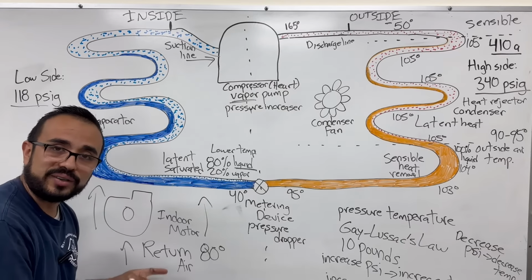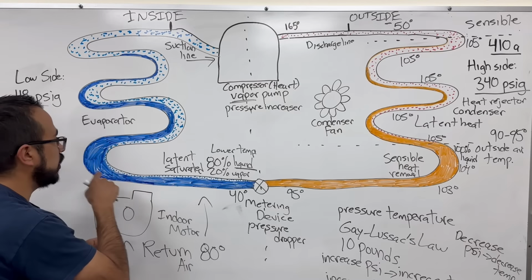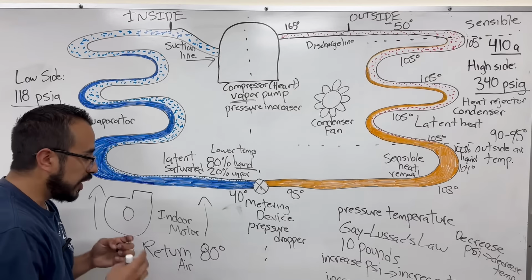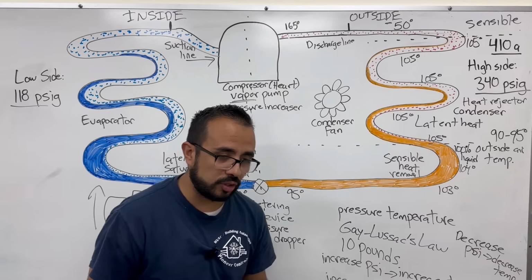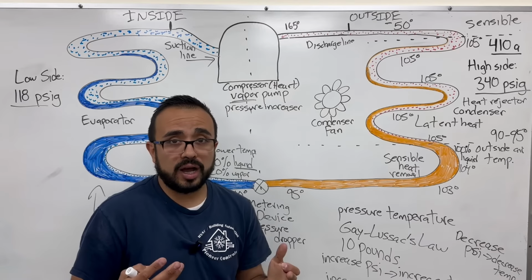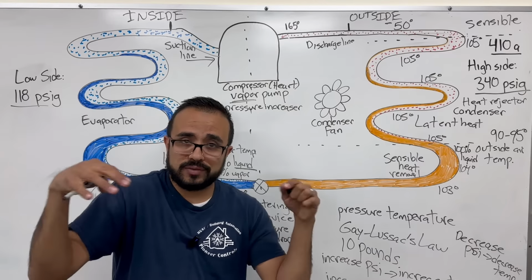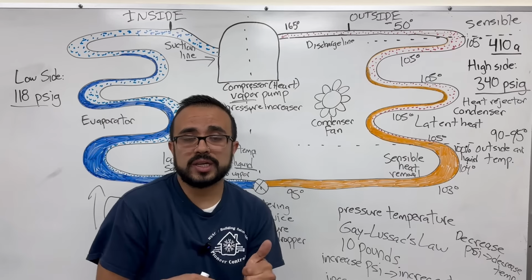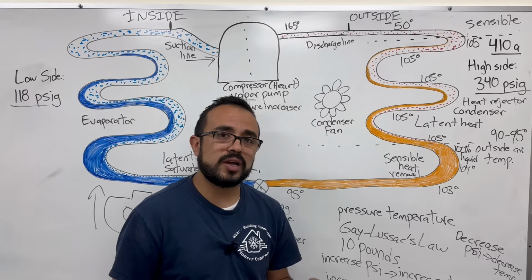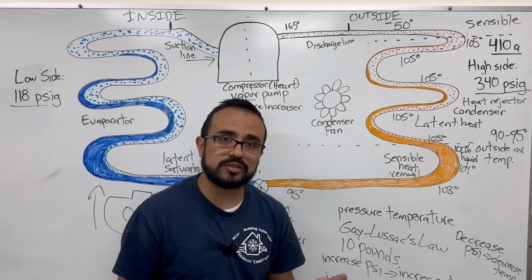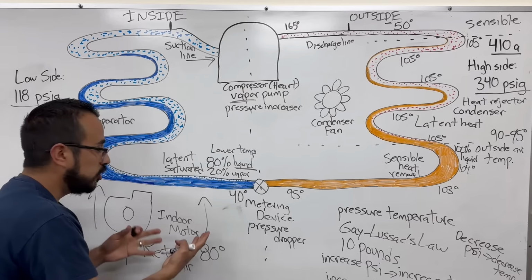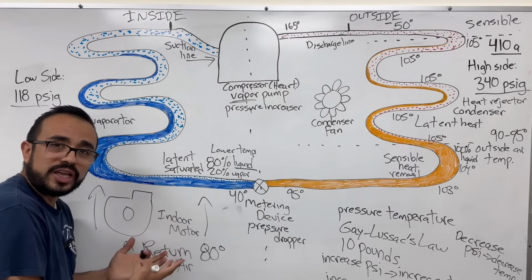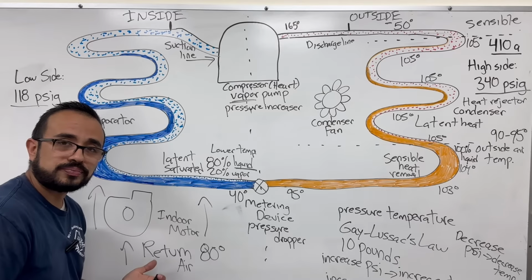That return air is boiling off the liquid. So that's why it makes sense to run the air conditioner system on a hot or warm day, especially if it's warm inside the house. Running an air conditioning system on a very cold day doesn't make sense because you need some heat to boil off all the liquid molecules.